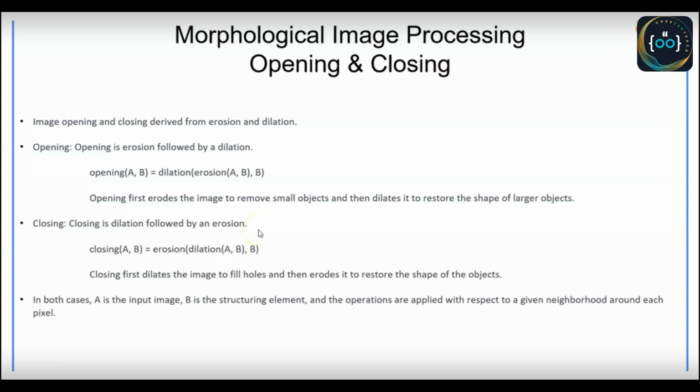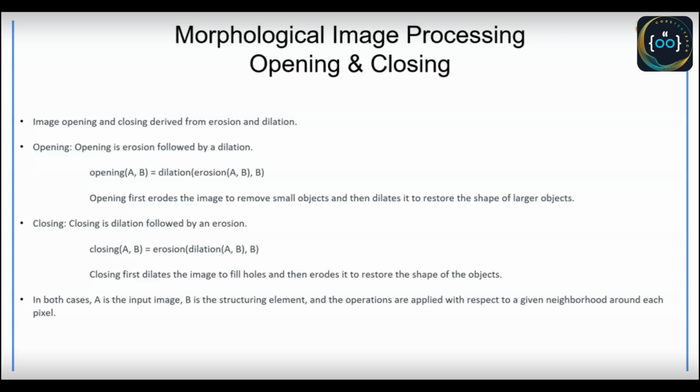Closing is an operation that consists of dilation followed by an erosion. The purpose of closing is to fill small holes in the foreground of an image while preserving the shape and size of larger objects in the image. Closing first dilates the image to fill holes and then erodes it to restore the shape of the objects.